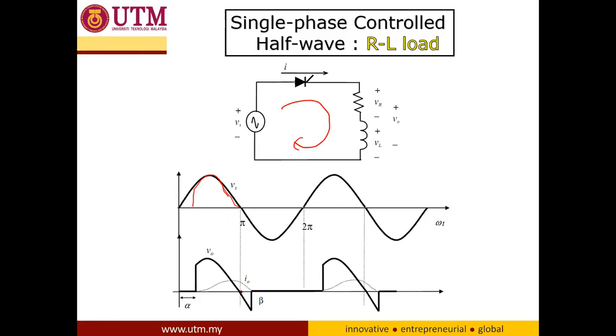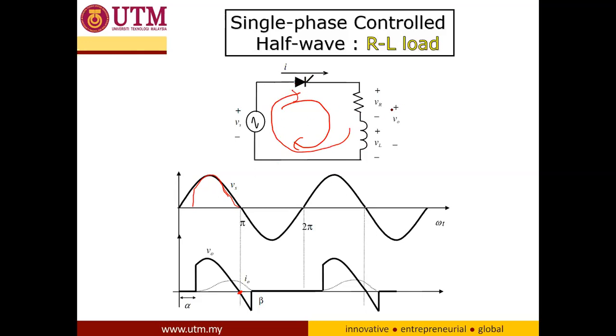At this point the voltage source is going to the negative part of its cycle, and as you can see, the SCR is forced to remain on because the energy stored in the inductor needs to be discharged, and it will force the SCR to stay on.